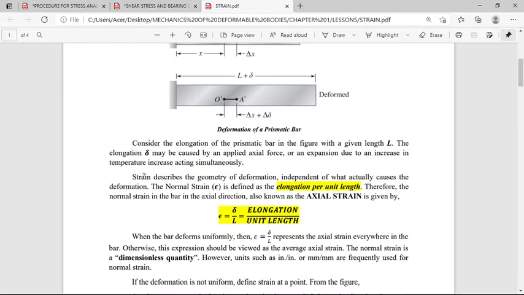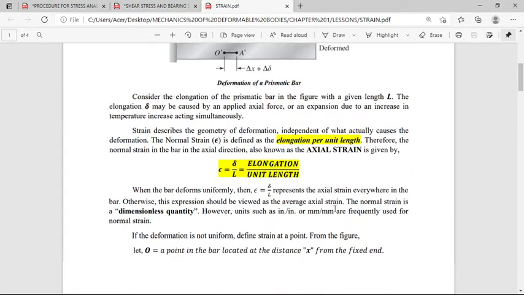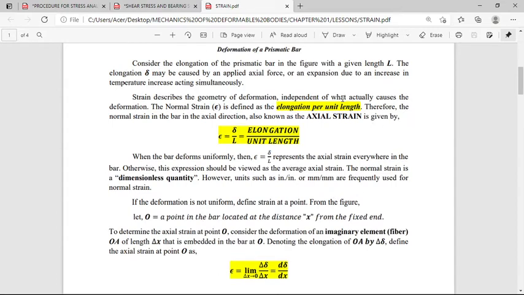So, strain describes the geometry of deformation. Tatandaan na, strain describes the geometry of deformation, and it is independent of what actually causes the deformation. Strain is given by this symbol.